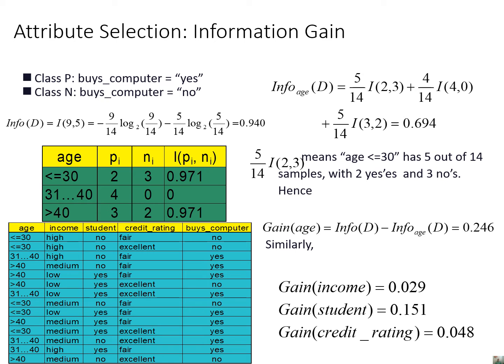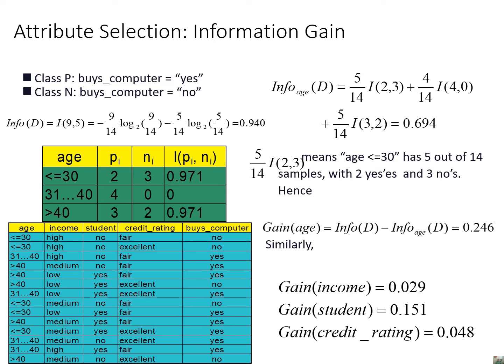This age attribute has multiple entries, and let's make classes with the available information. We can classify age into three different classes: age less than or equal to 30, age between 31 to 40, and age greater than 40.